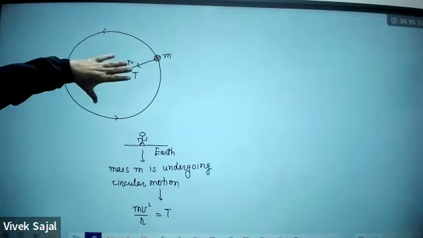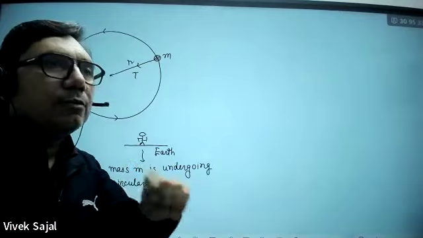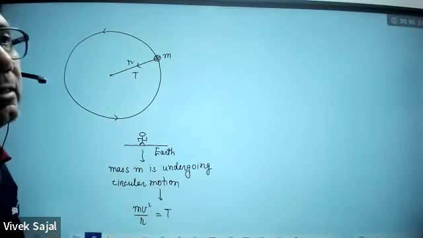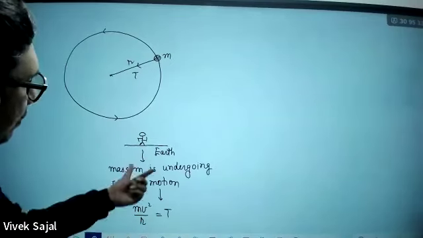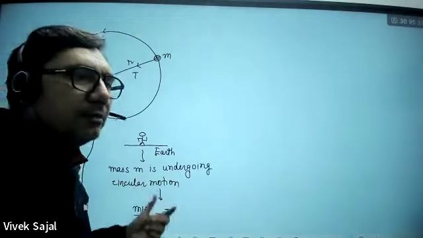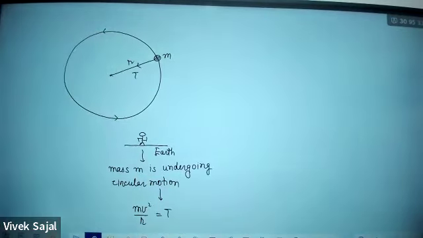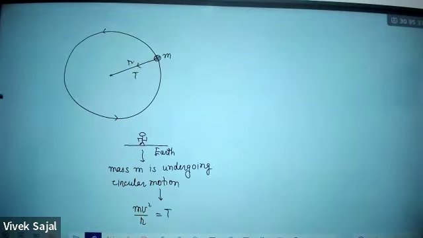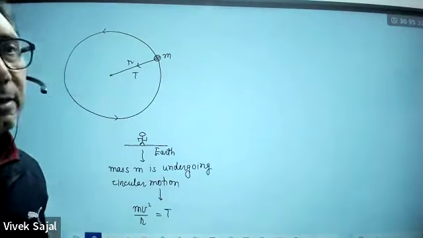So for this type of circular motion, this tension is going to act as the centripetal force. In this way, you explain this circular motion: the tension in the string acts as the source of centripetal force, and this object of mass m is undergoing circular motion. That is okay.